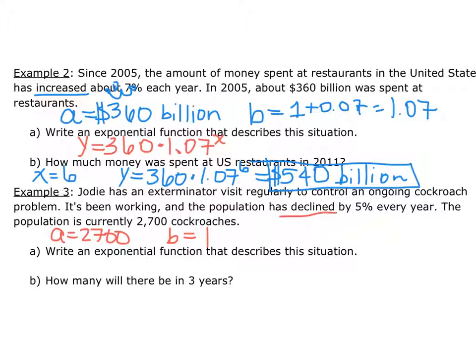So it's going to be 1 minus 0.05. Very good. Which gives me 0.95. So then to write our exponential function, I'm going to say y equals 2,700 times 0.95 to the x power.